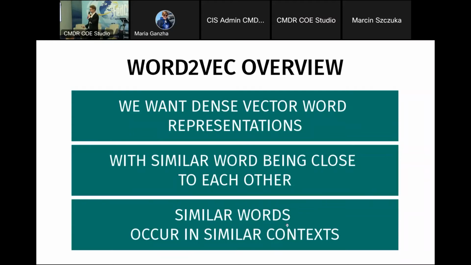One of the biggest advantages of Word2Vec when it came out was that it was able to capture, again, quote-unquote meaning of certain words. Of course, how we define similarity in case of Word2Vec and other embeddings is that similar words should occur in similar contexts. So they should be surrounded by similar other words when used in text.